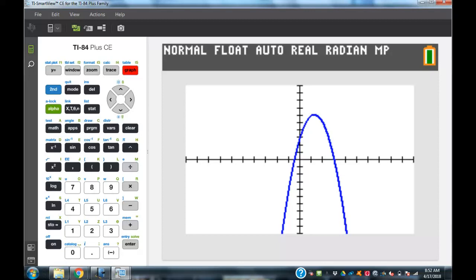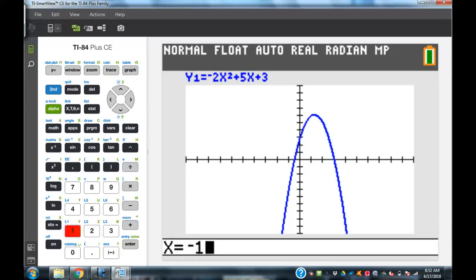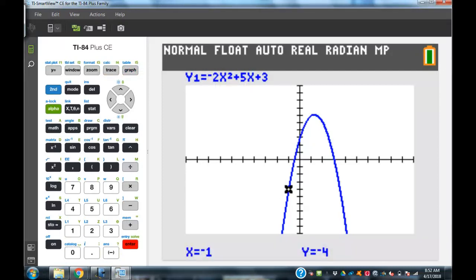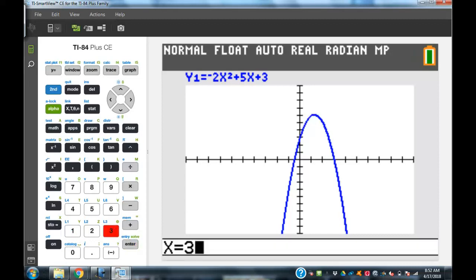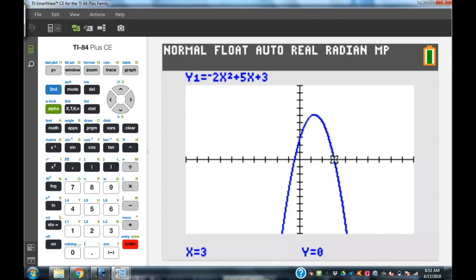So I'm going to check -1, -4. I'm going to hit trace, -1. Pretty good right there. Check the next one. Check 1. Enter. 1, 6. Good. Not much chance of it missing the third one. 3, 0.